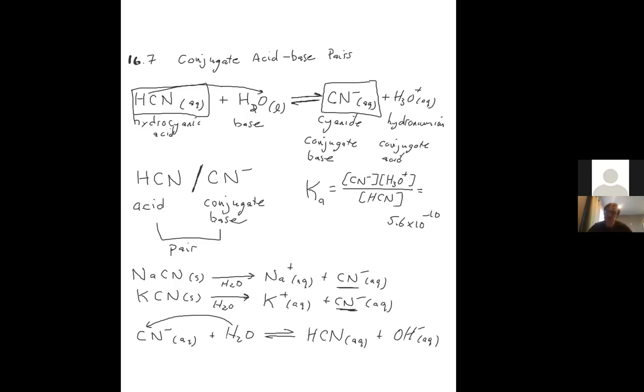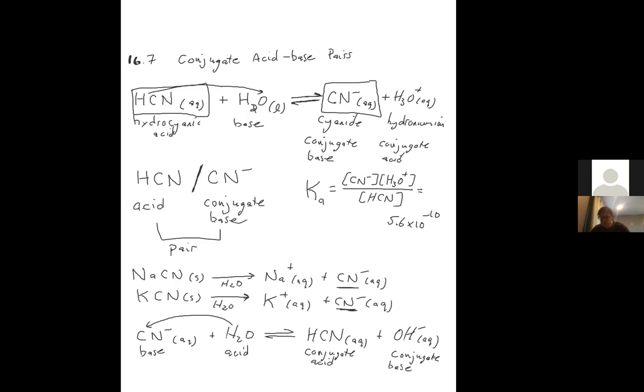What we're saying here is that the cyanide is a base. It's a conjugate base of HCN, and that base will react with water if you put it in the water. So we're not putting HCN in the water, we're putting cyanide, CN minus, in the water. When that goes into water, the water will protonate it, and the water will act like an acid. The cyanide will act like a base, and what you'll get is a conjugate acid here. Remember, it has more hydrogen atoms than the CN minus, the cyanide, so that means it's the conjugate acid, and then the hydroxide is the conjugate base.